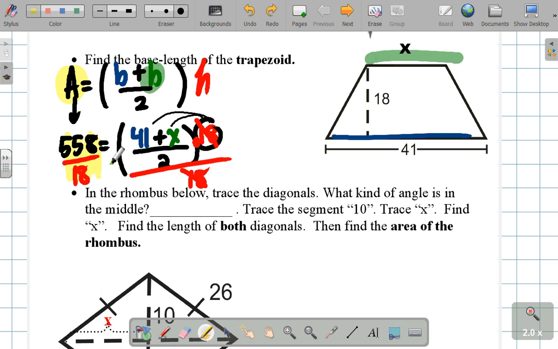All righty. Solve for your variable, folks. Check your answers with each other. Start eavesdropping. See if you guys are going the same direction. So I have 31 equals 41 plus x over 2. Pop that over 1. Cross multiply.